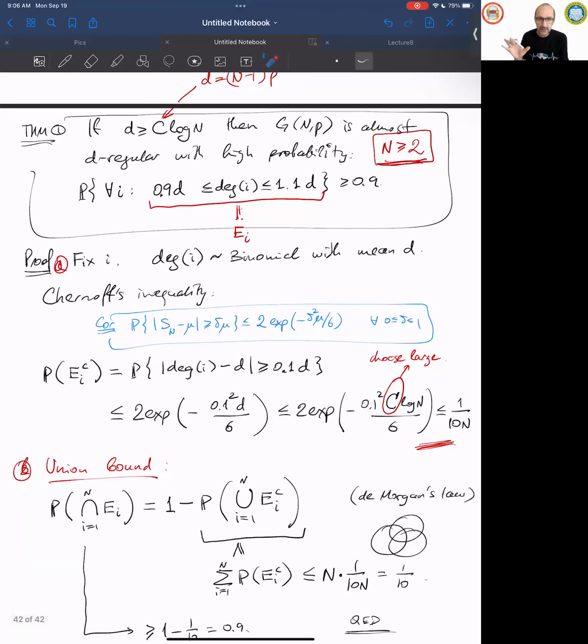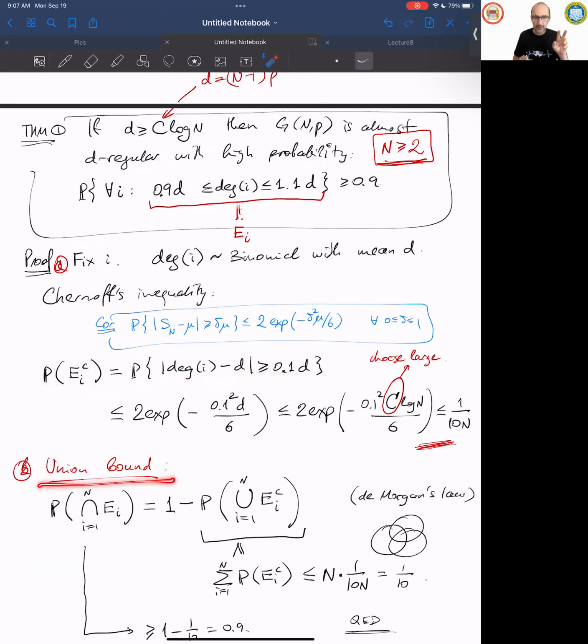This is an archetypical proof by union bound. We need to prove something for all degrees, for all these people on the planet at the same time, that everything for all of them are good simultaneously with large probability. How do we do this? We first prove it for one person. So we fix i. We prove it for one person using concentration.